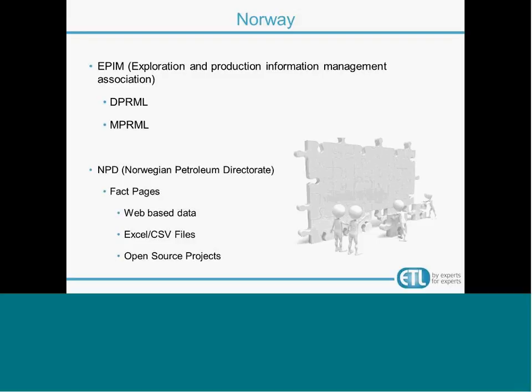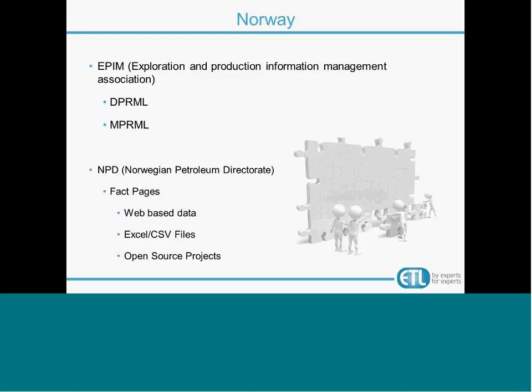What we've also seen is the Norwegian Petroleum Directorate, and they store all the information. I might be explaining things that are obvious to some people here, but for those that don't know, they have fact pages, which is the information about things that are going on the Norwegian continental shelf, and they provide it as web-based data.